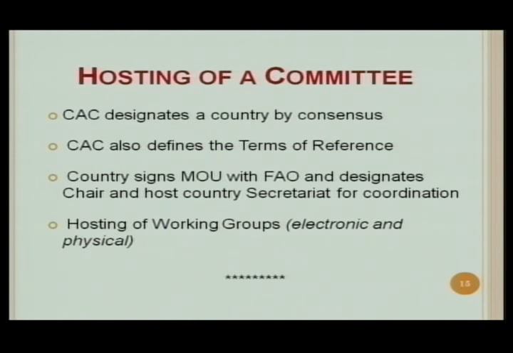And if there is a working group, a similar process is followed, whether it is an electronic working group or a physical working group. And this is how the entire work of Codex is carried out by the Codex Commission, by the Codex Secretariat, by the Codex committees, host country.